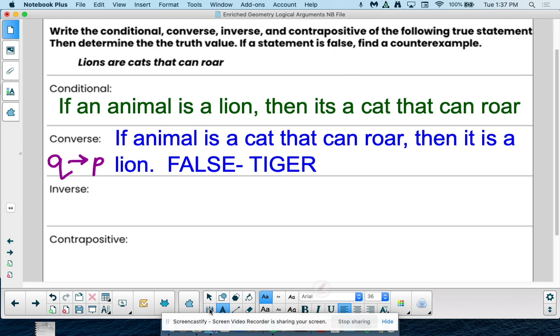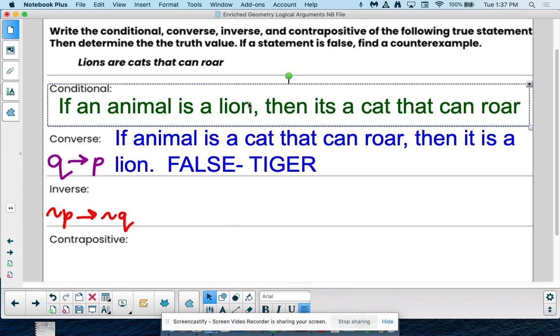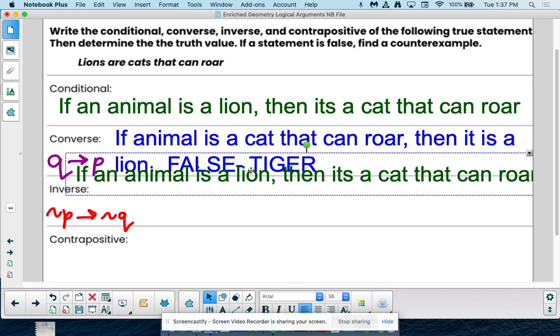Okay, what do we do in an inverse? What's our little code? What do we do for an inverse? Negate them, right? So what does that look like? Perfect.